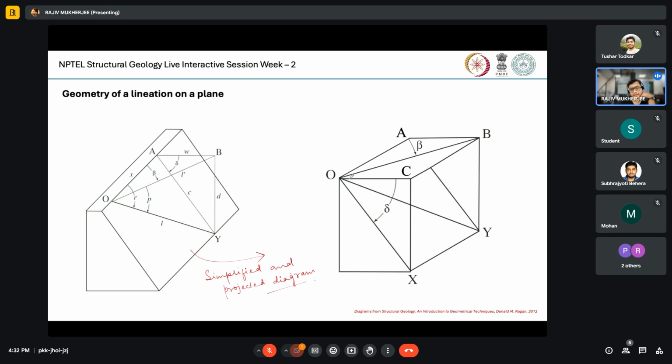So we have this lineation OY as usual, and we know that this is a horizontal plane OABC. So this is the horizontal plane, and OAYX, this is our inclined plane, right?